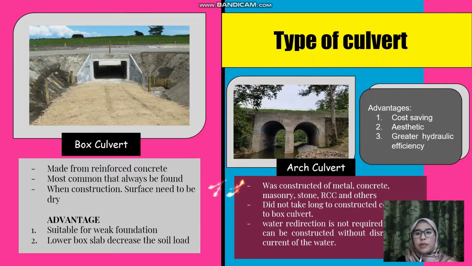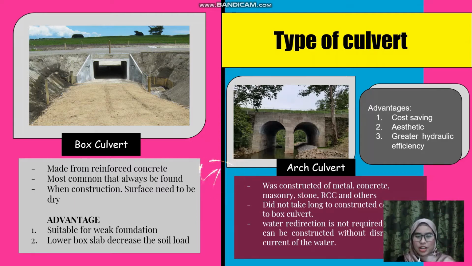The first type of culvert that is usually used in construction is the box culvert. Box culvert is the one that we will use in our project. It is made of reinforced concrete and is the most common type found in construction.